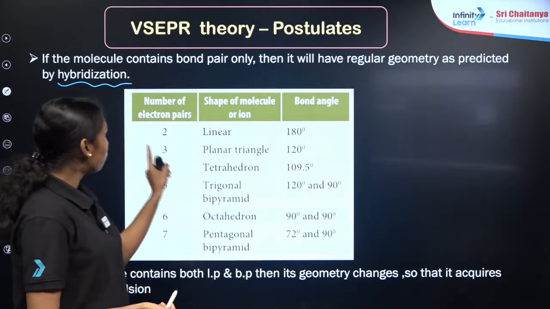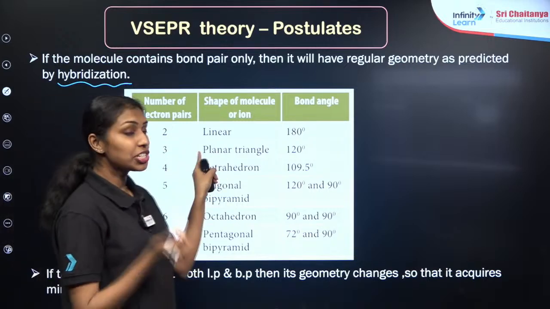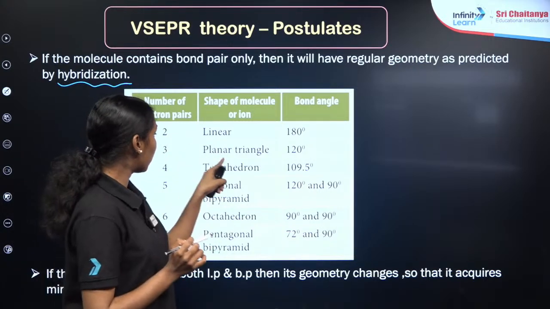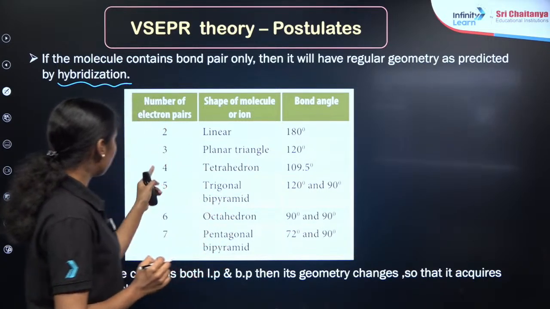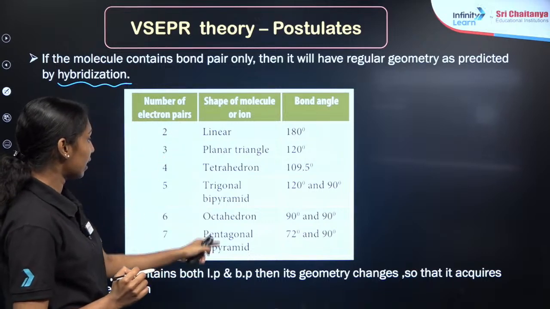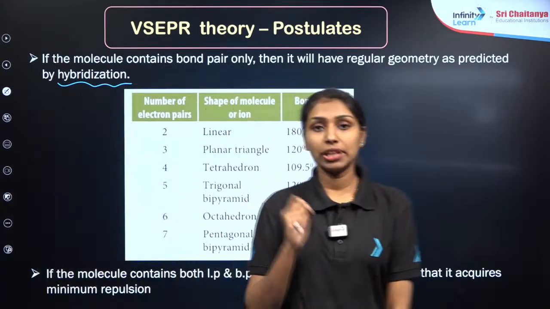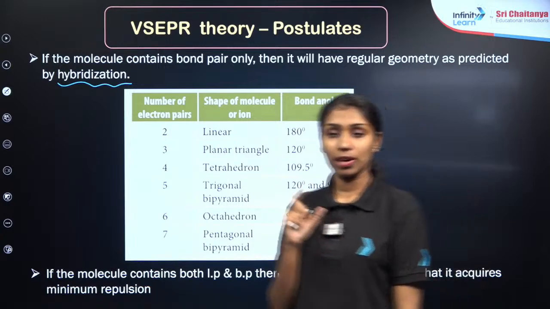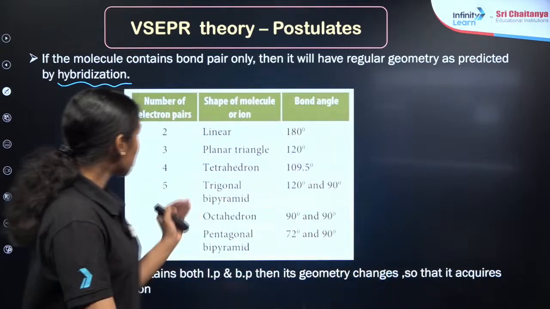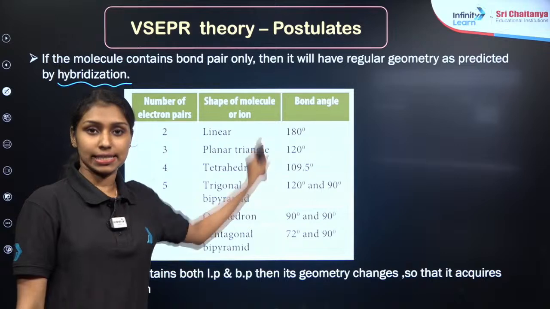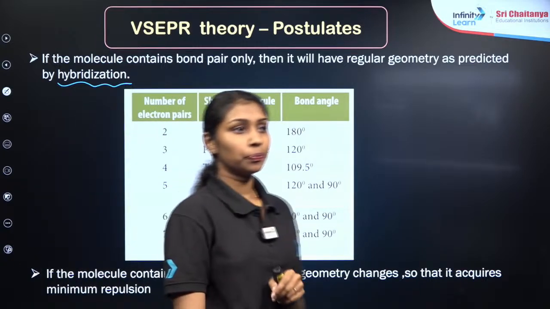Then, if the number of bond pairs is 3, it will have a shape of triangular planar with 120 degree. Then so on, right? You can see here, we will be discussing in detail. If there is no lone pair, if bond pairs are there only, then we can predict the shape of the molecule as expected by these geometries or shapes, right?